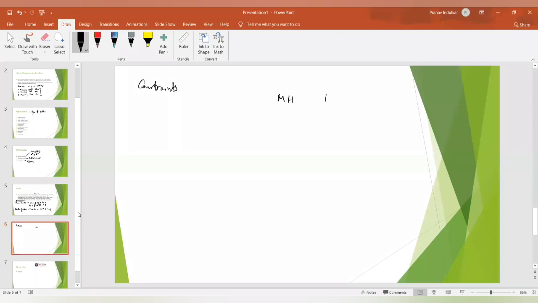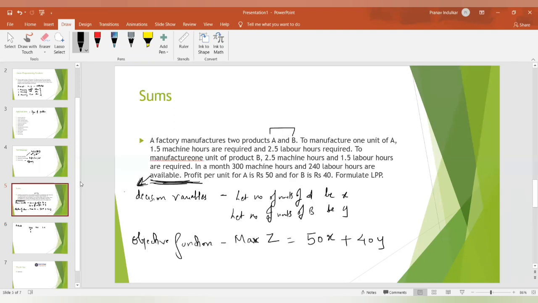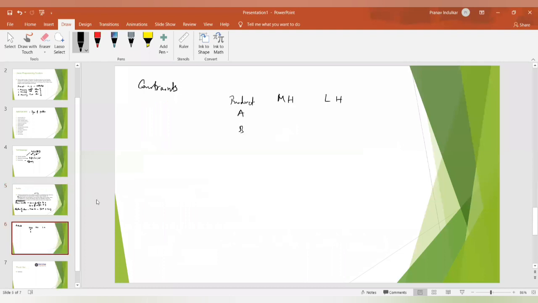MH, LH, okay, product, so I'm writing your A and B. For 1 unit of A, how much machine hours are required? 1.5 and 2.5. So I'm writing beside this, A के बाजू में 1.5, 2.5.